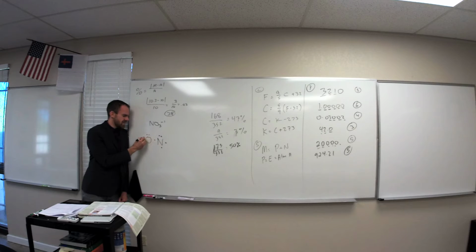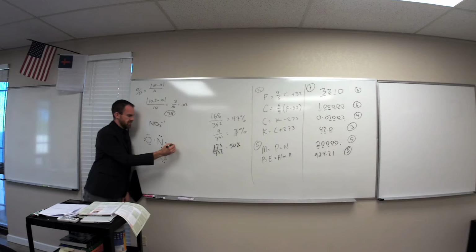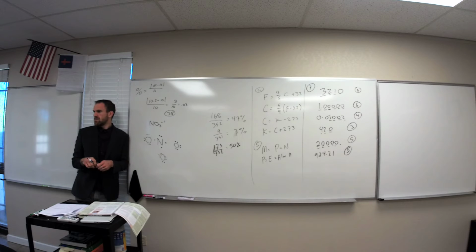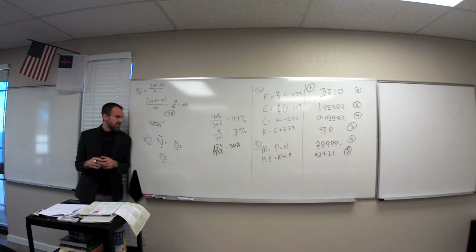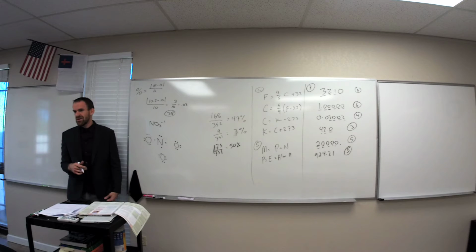Oxygen has 6. Carbon has 4. Okay, so now what? Well, I know I get to throw in 1 extra electron.